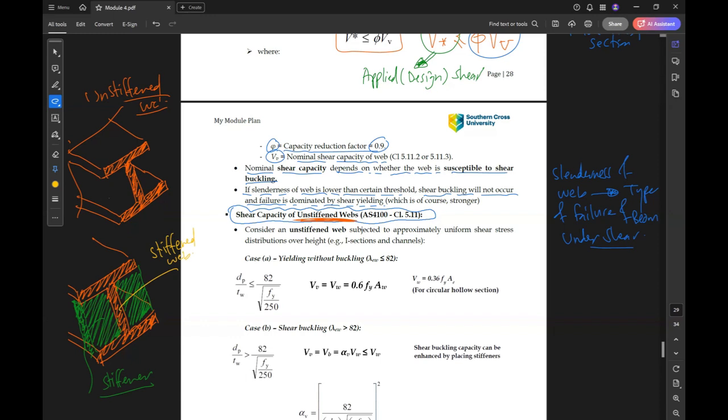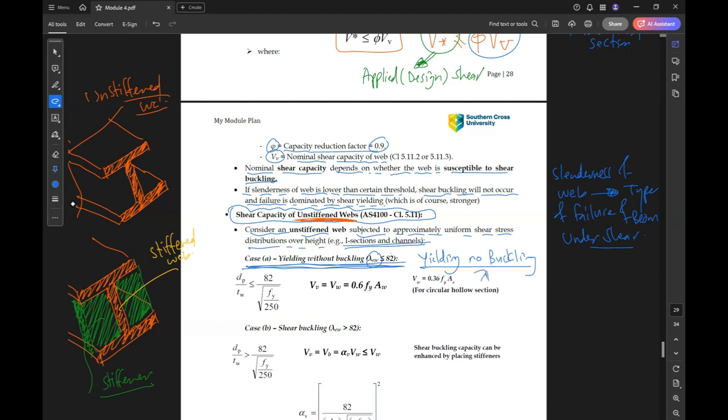So the first case is for the unstiffened web. Consider an unstiffened web subjected to approximately uniform shear stress over its height, similar to an I section and channel section. Case 1: yielding without buckling. If the web will fail due to yielding and no buckling, this will happen when lambda_ew is less than 82.